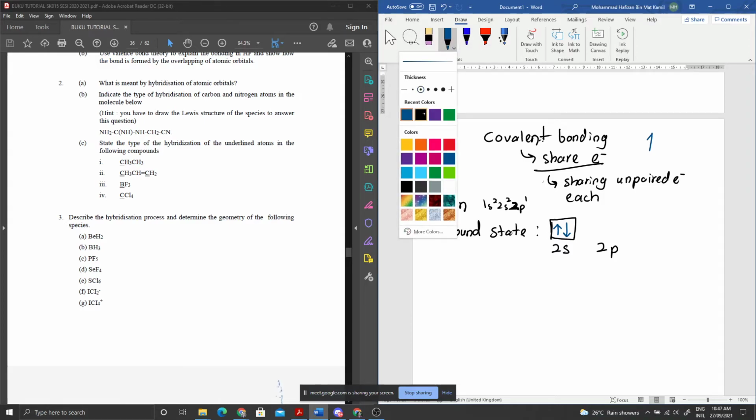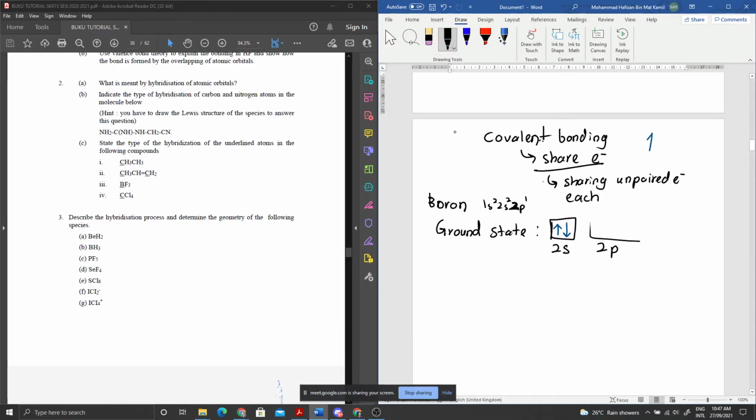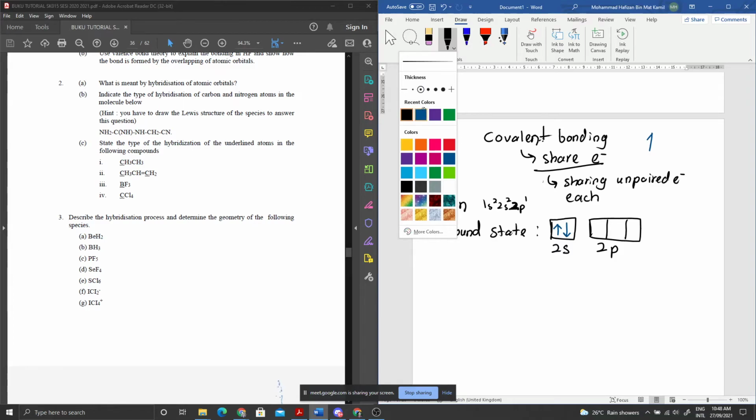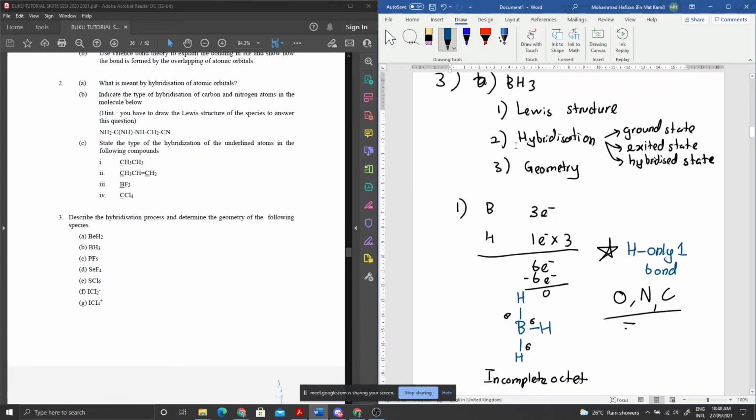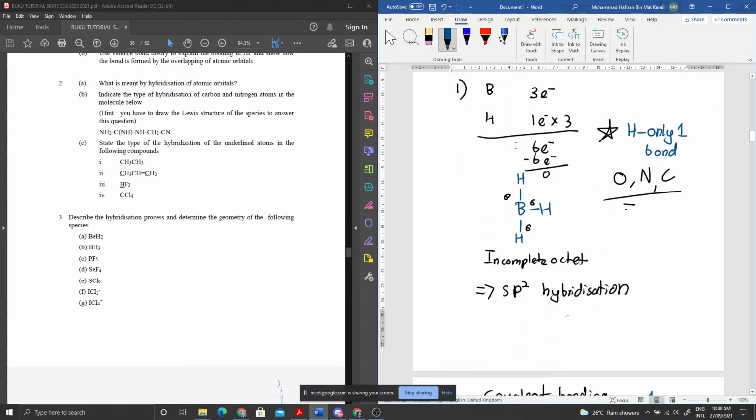So let's draw in, and then 2p. P ada 3 orbitals. And kita draw dia punya electrons, right? So remember saya cakap pasal covalent bonding, dia share electrons, and kalau boleh dia nak share unpaired electrons. But kalau you guys tengok boron only have 1 unpaired electrons, while dia bonding with 3 hydrogen.